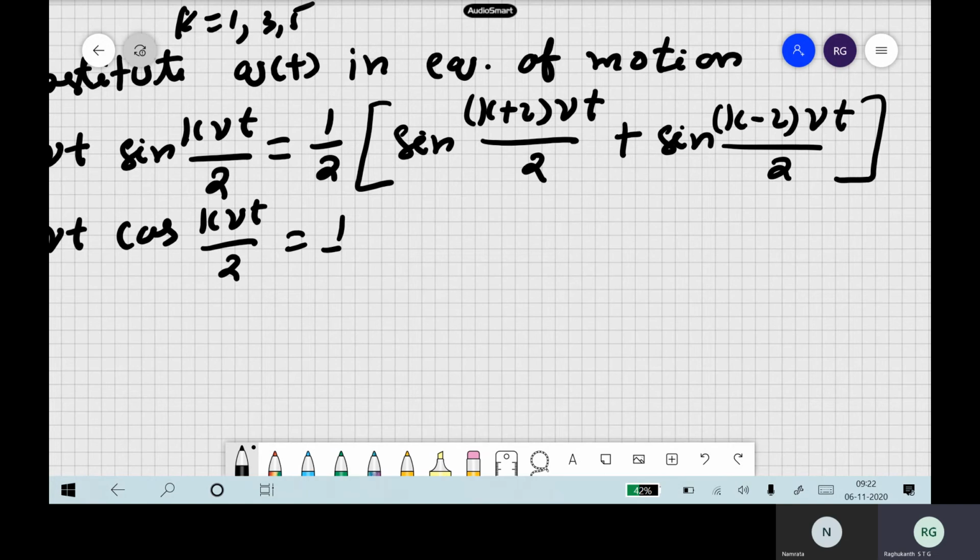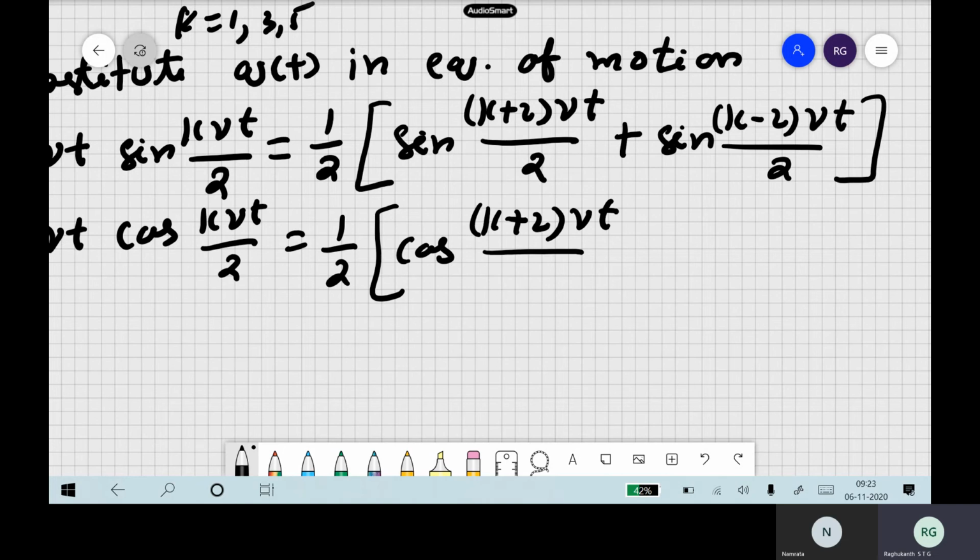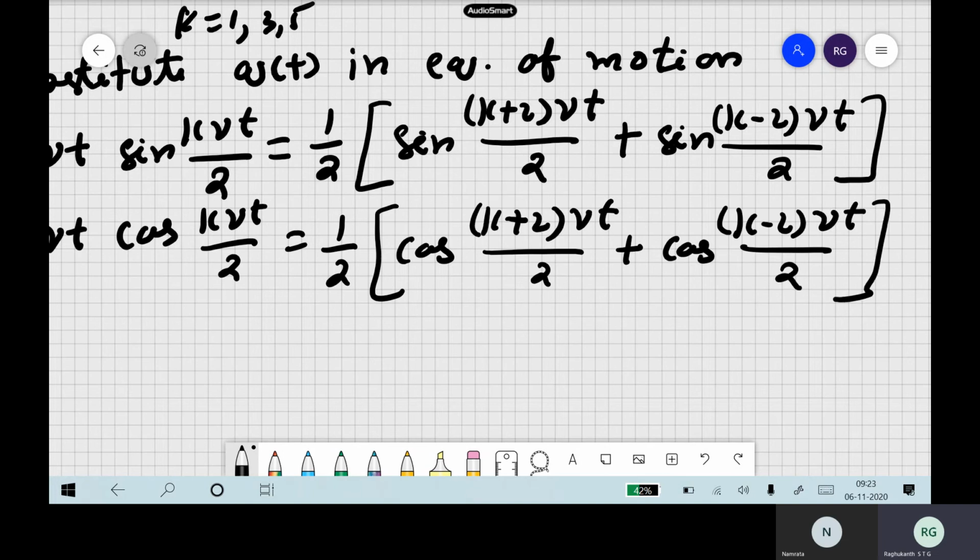Then we have this as half cos of k plus 2 into nu t by 2 plus cos of k minus 2 into nu t by 2. Like this you have to use all the trigonometric identities, and then substitute in the equations of motion.